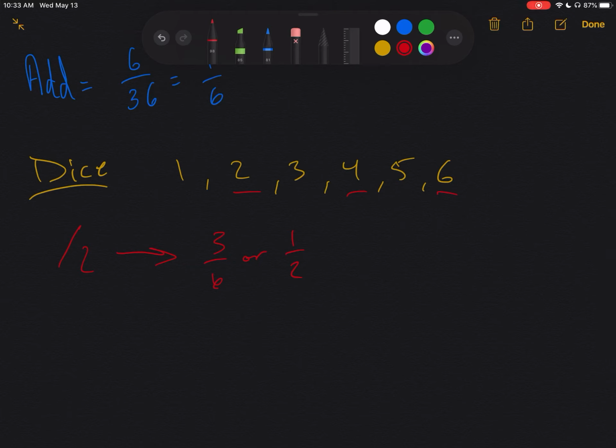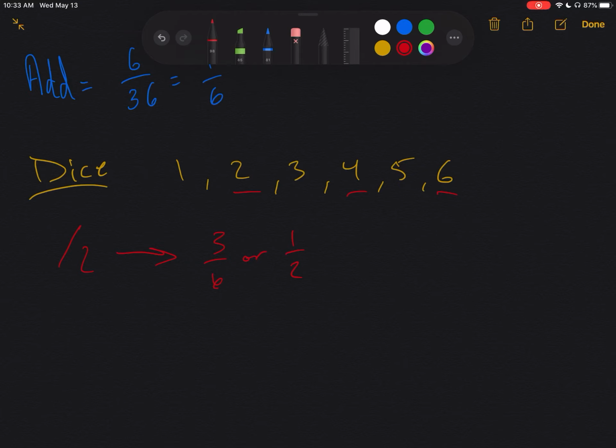And then we could say, if I roll it again, what are the chances I roll an odd, right?